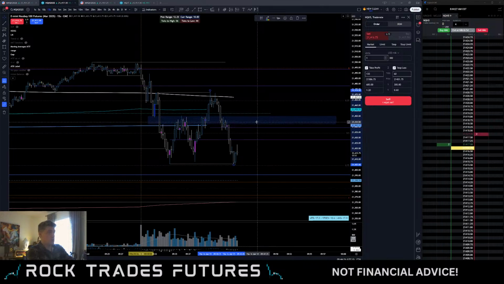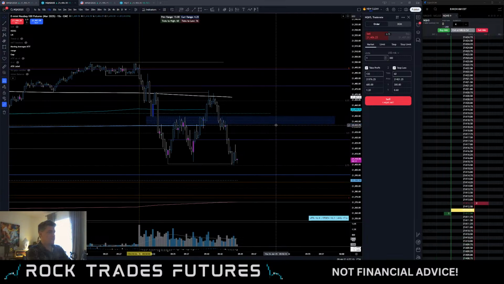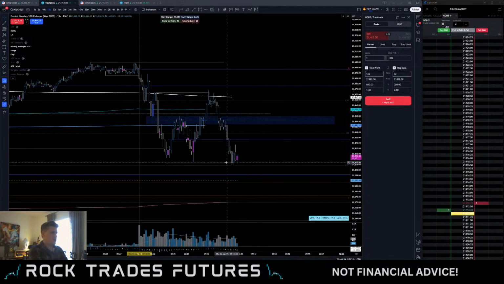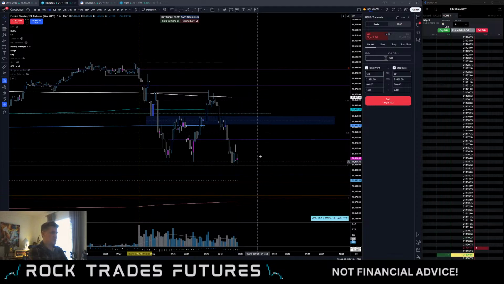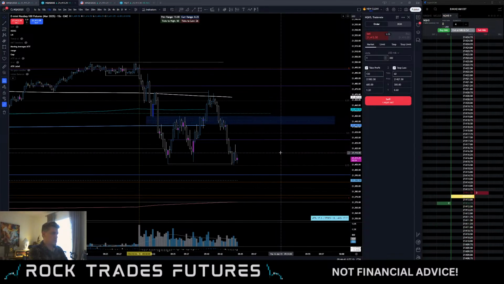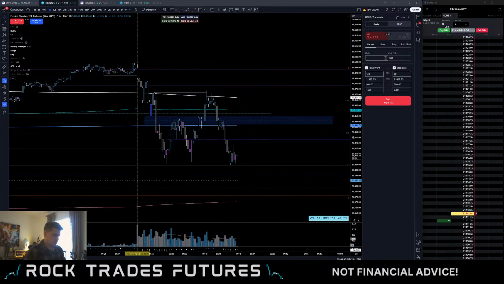For a short somewhere right here to finish these people off is kind of clean. But I don't know why it would take too much time taking this. Like, I mean, you might as well just go down there. But I'm not going to gamble on this. Because it's probably going to go, but when, I don't know.